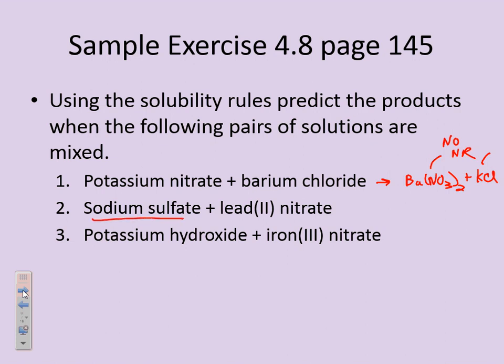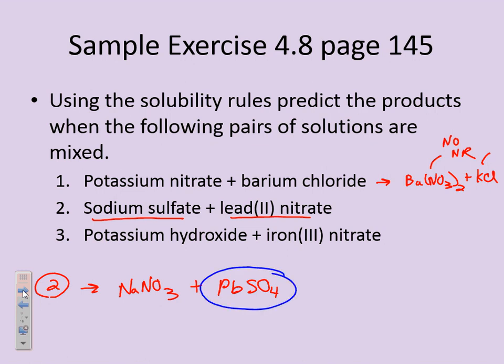When you look at sodium sulfate and lead-2 nitrate, our products are sodium nitrate, NaNO3, plus lead-2 sulfate. Lead sulfate would be your solid if you check your solubility rules.